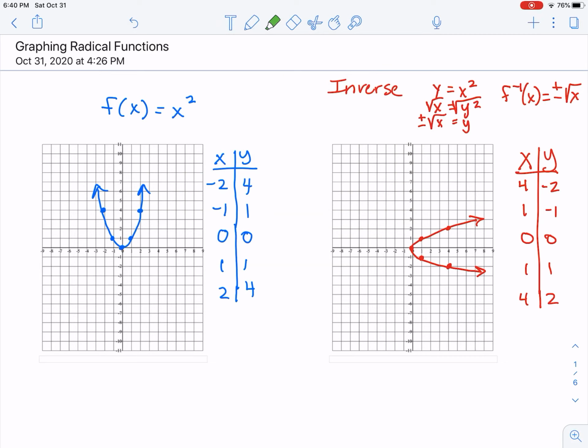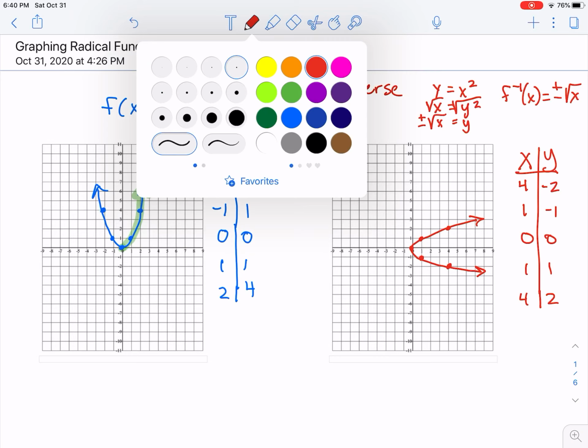So if I restrict the domain of f so that the inverse of that restricted function is also a function, that means I need to focus on where my x value is greater than or equal to 0. Okay, so let me write down the restricted domain.